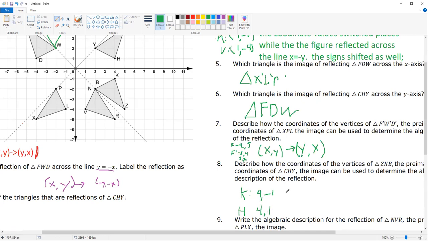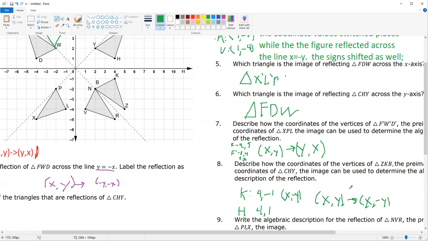So the x's stay the same, and the y's flop by a negative sign. The x's and the y's don't change position. So the algebraic description would be x, y yields x, -y. Why did I put -1 there? It should be -y. Okay.